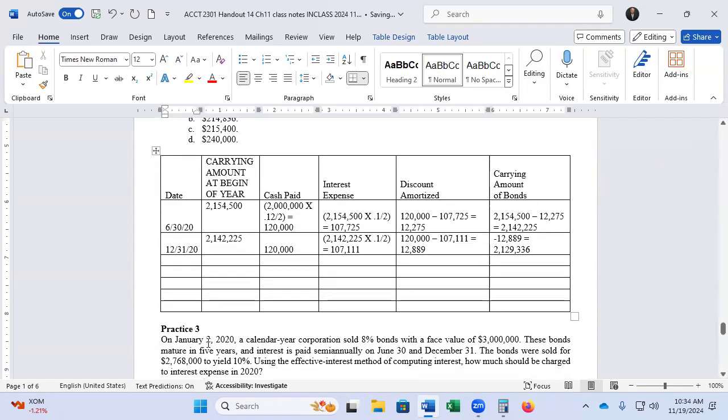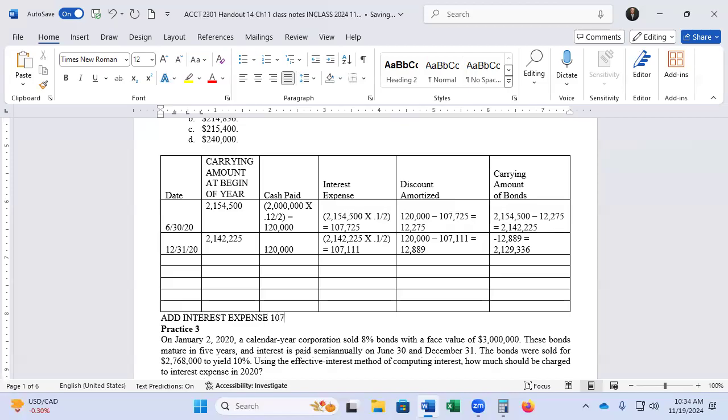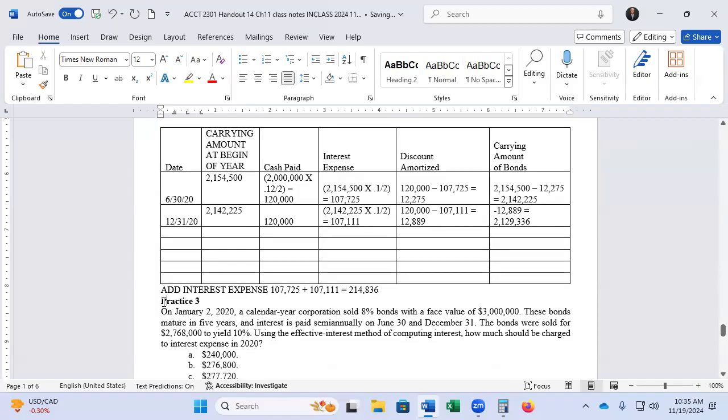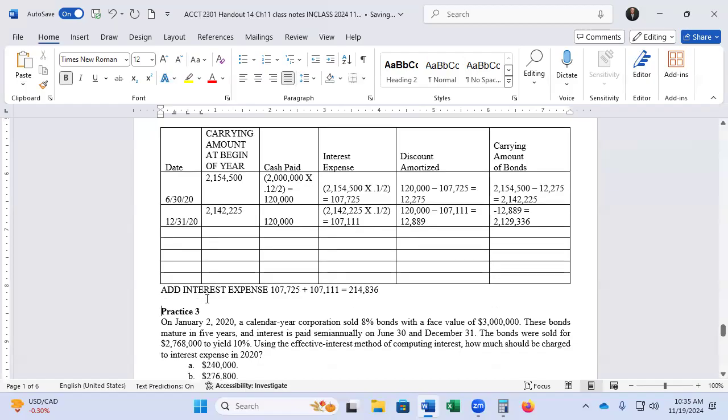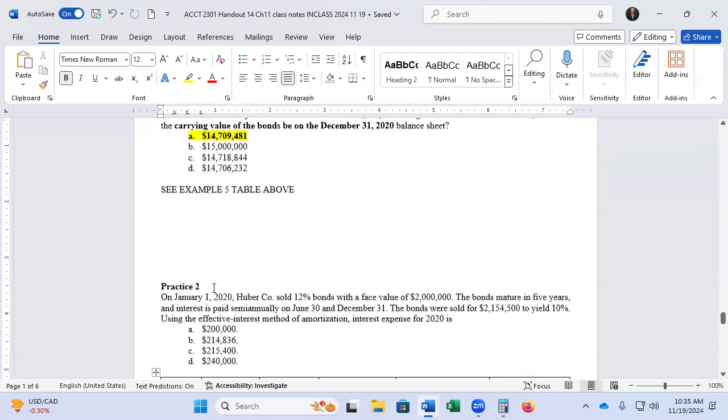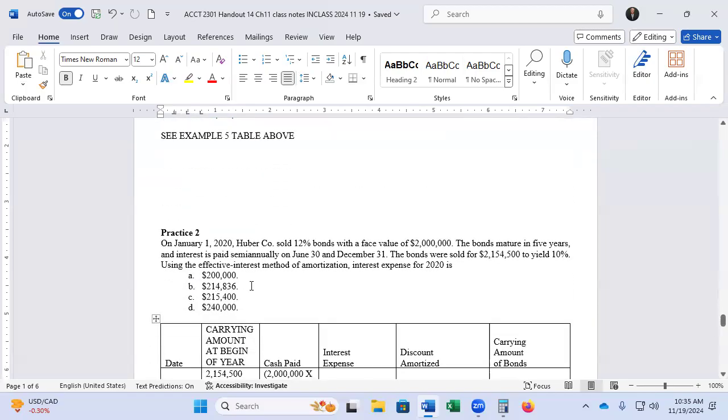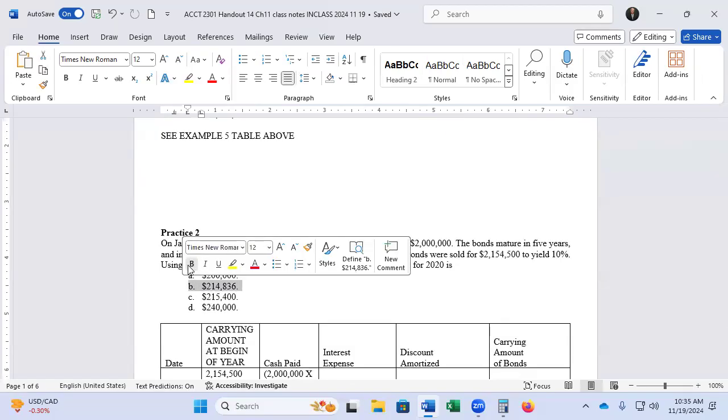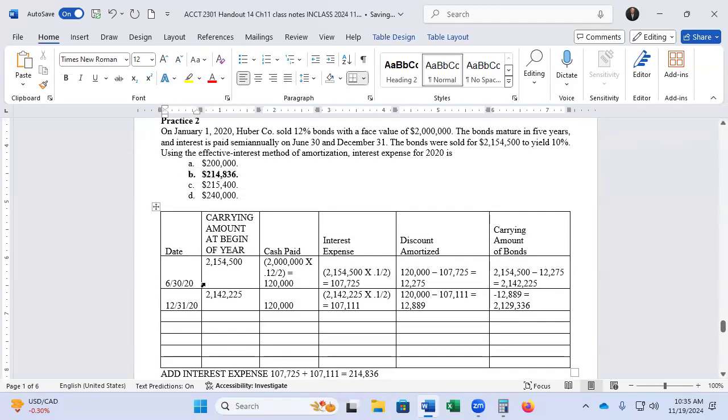And so all we have to do is add interest expense: 107,725 plus 107,111. And that equals 214,836. And so that is answer B. Any questions?